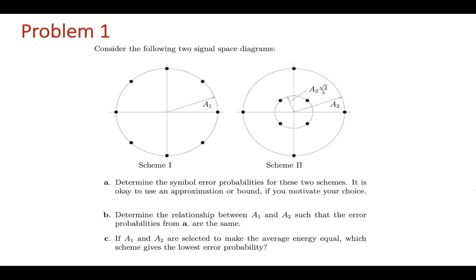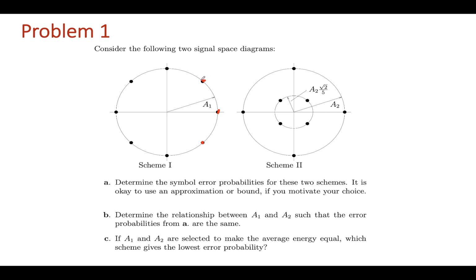Okay, so the first problem is that you are given two schemes, scheme 1 and scheme 2. So these are two different modulation schemes that you have. The first one is having some signals across the circumference of a circle whose radius is a1.